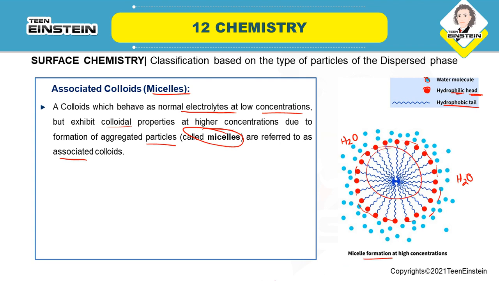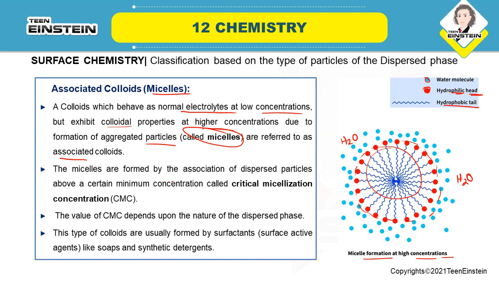So this is the picture of micelle at high concentration. Though mostly micelles, when it is first formed, it is spherical in nature, and there are different types of other shape for micelle present, but that is not important for our syllabus. The spherical micelle example is enough. Okay.